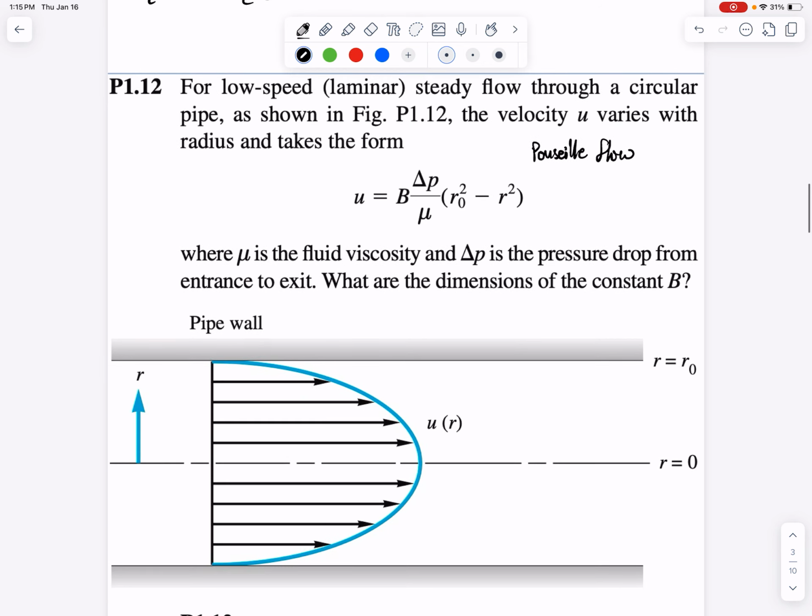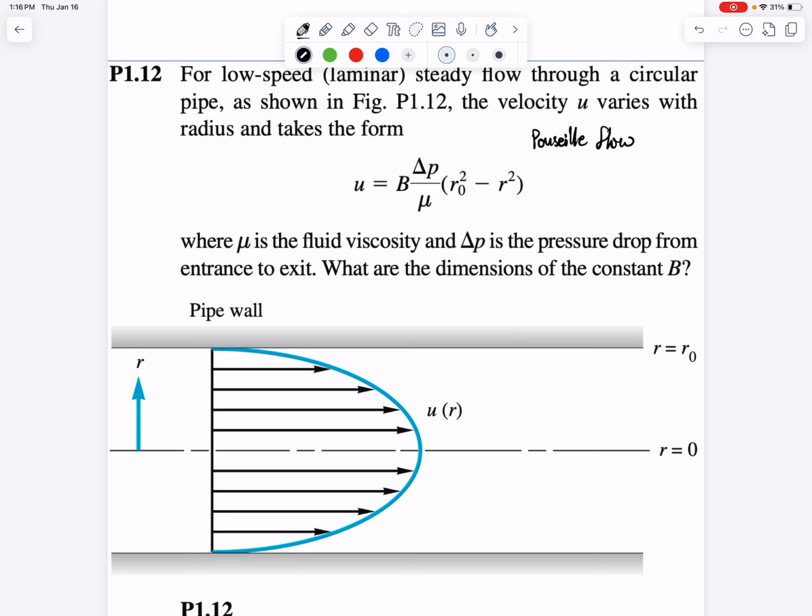So here, I ran it already, but now we're looking at another pipe flow problem, but instead, here we're looking at the velocity profile rather than the energies. So here we see Poiseuille flow, I believe, and this is a parabolic velocity profile given by this equation here.